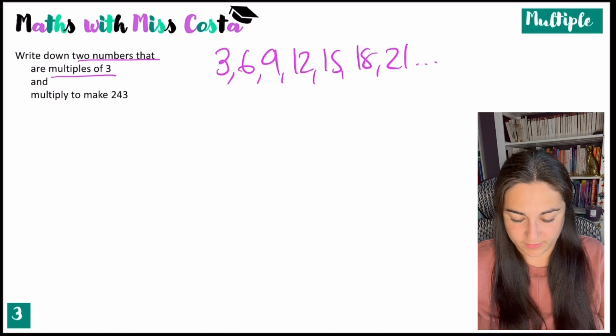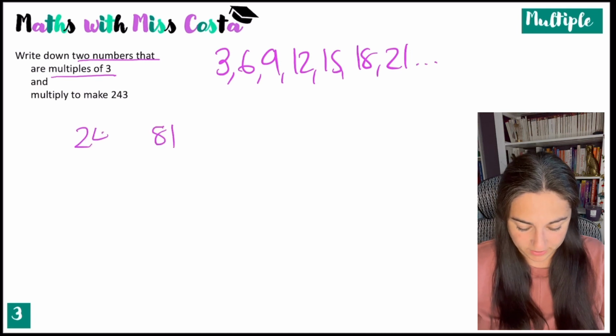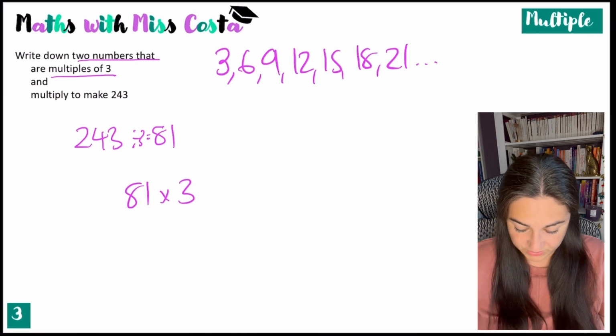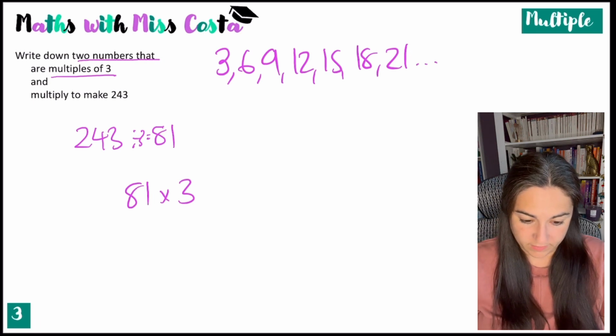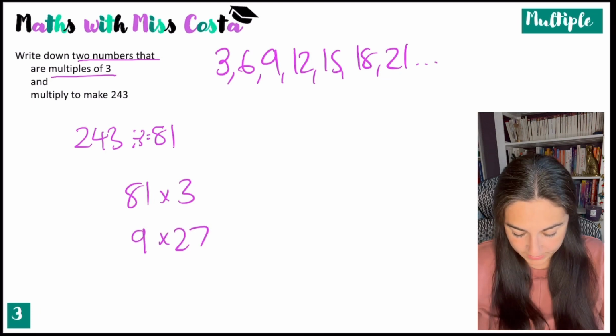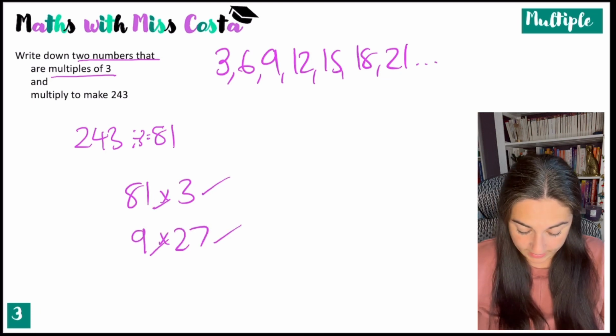Well, 243 divided by 3, what does that give you? 81. So you could just say 81 times 3. Or, let's try 9. 243 divided by 9 is 27. You could say 9 times 27. So, obviously, you know that they're both multiples of 3.